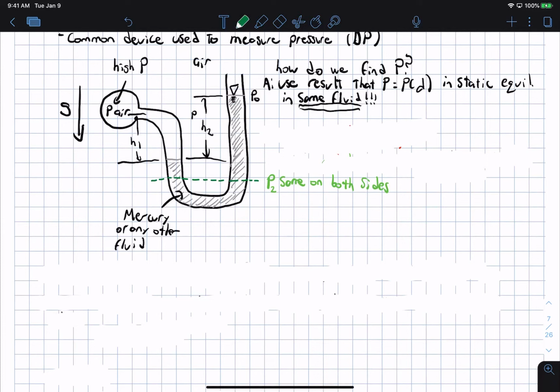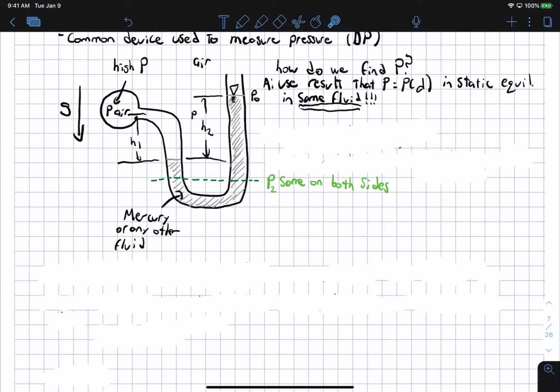And you could apply the same argument to here: you go down and the pressure increases from this point here down to here, but then from here you go up the exact same amount and you add and subtract the same rho gh between here, and they basically cancel out, and the pressure winds up being the same.